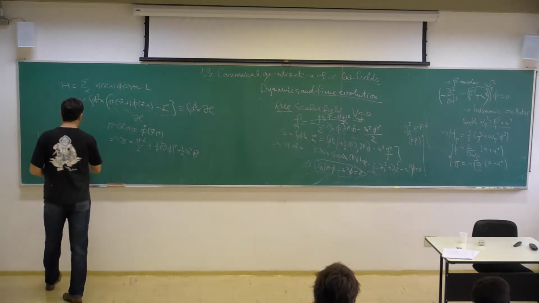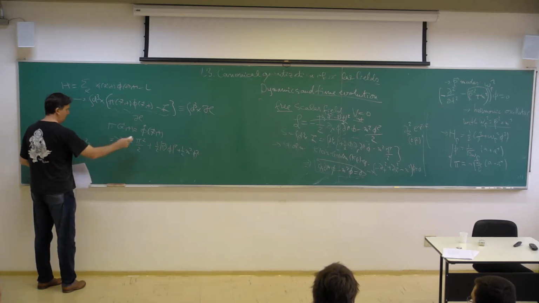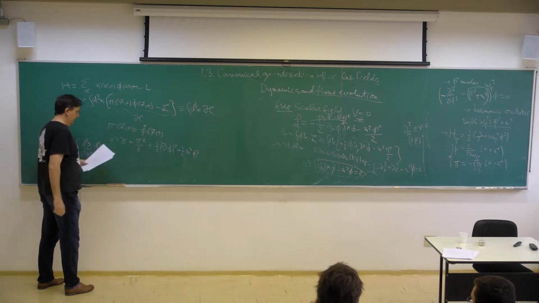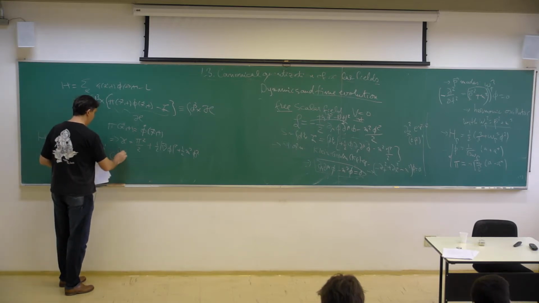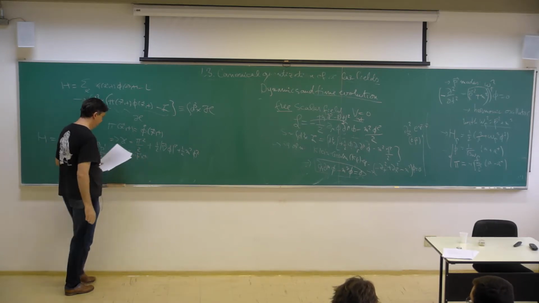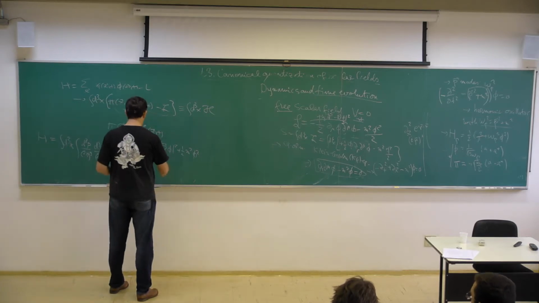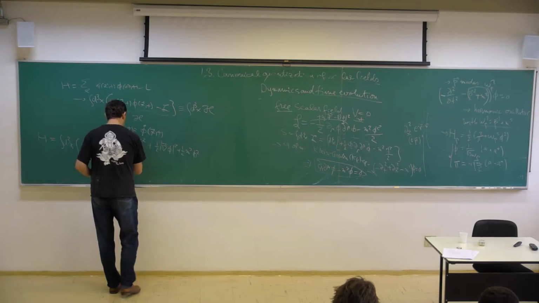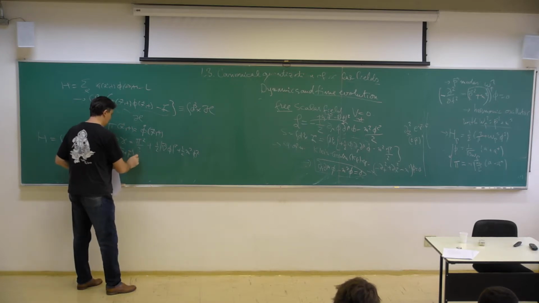So then, since each of these terms has two fields, we get two integrals, d3p, d3p prime, and the exponentials, e to the ipx plus ip prime x. So let's write it as i(p plus p prime)x.